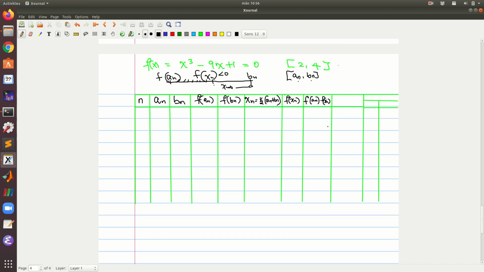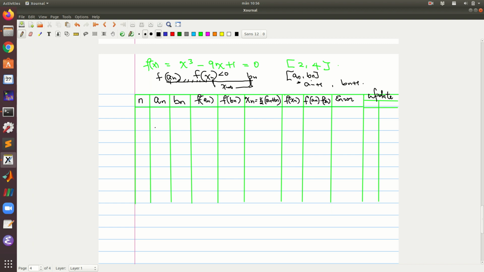Then we shall compute the error, and then do the update. Remember, depending on where the root is going to lie, we have to update our an plus 1 and also our bn plus 1.